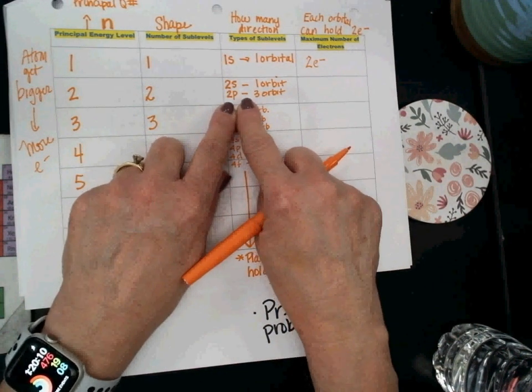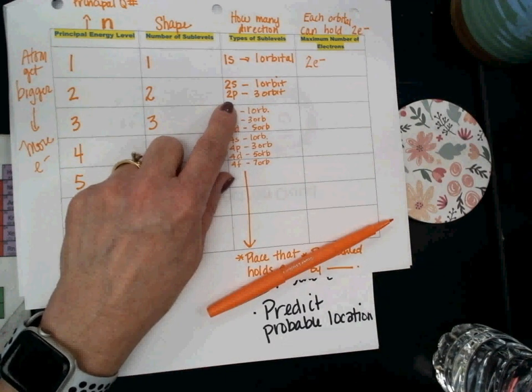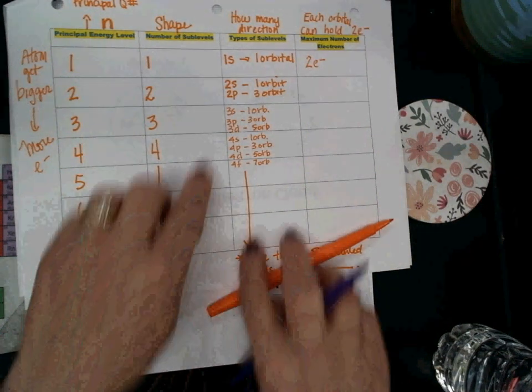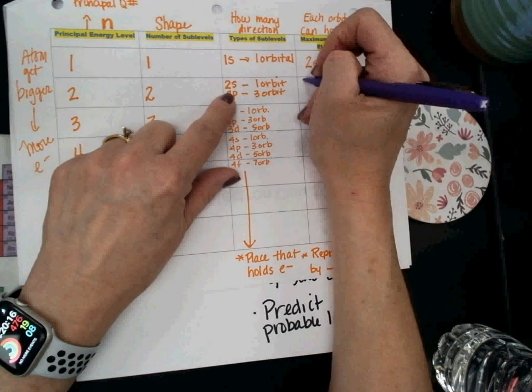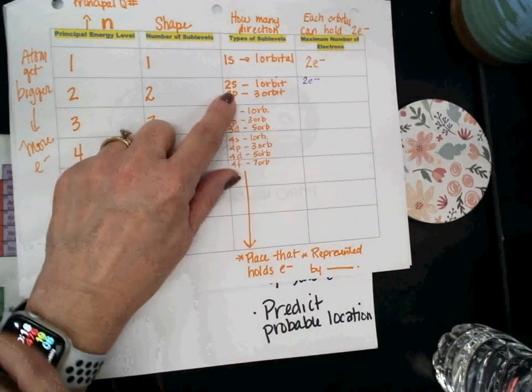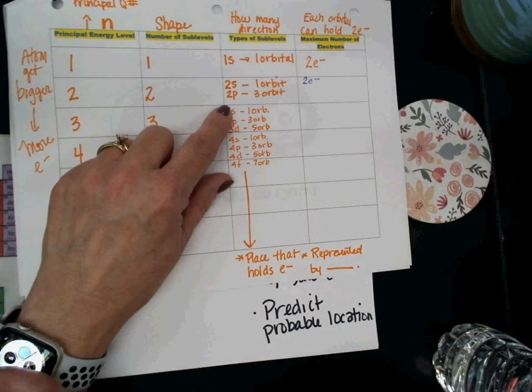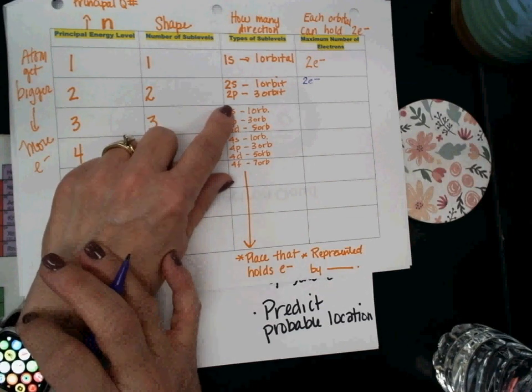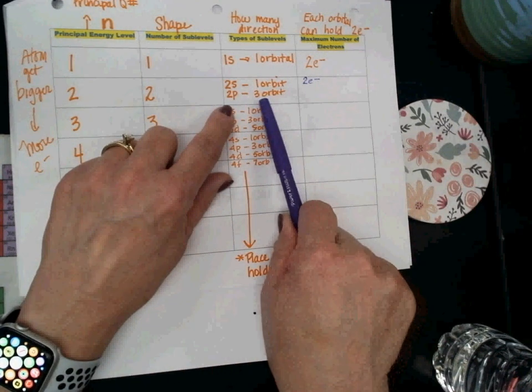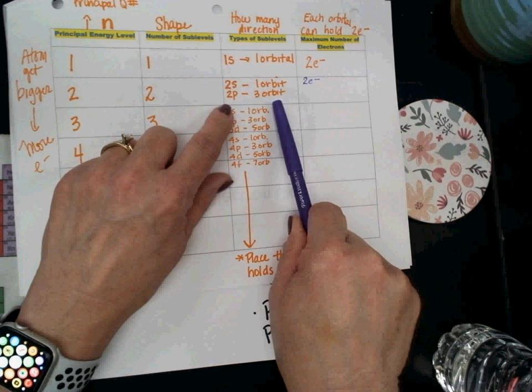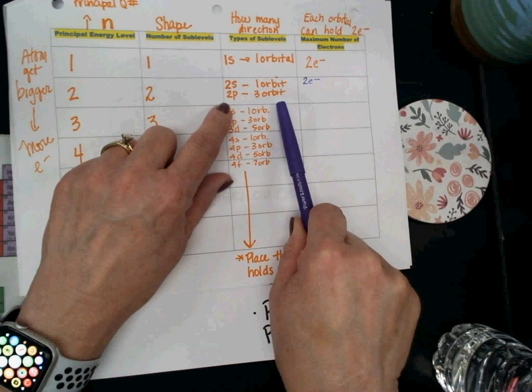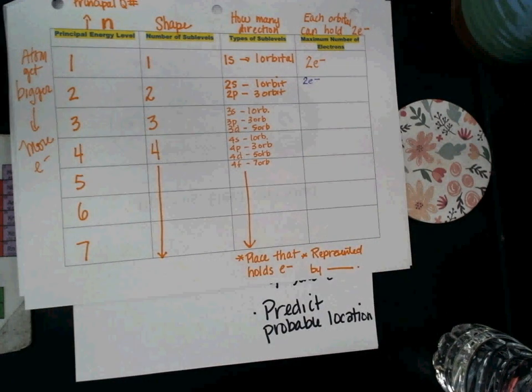All right, so when I come to this 2s, 2p, I have to think of them individually. 2s, all s's, can only hold 2 electrons. What about p's? There are 3 orbitals here, or 3 spaces that can hold electrons.